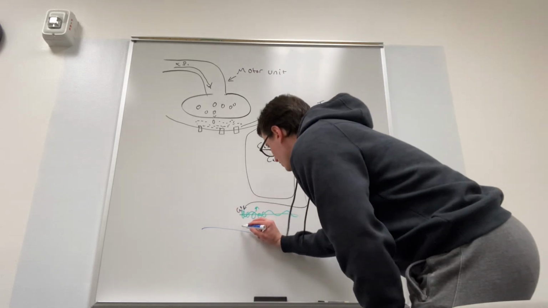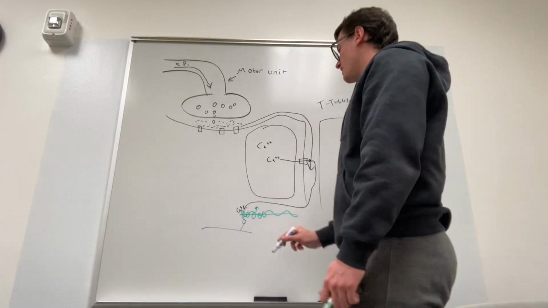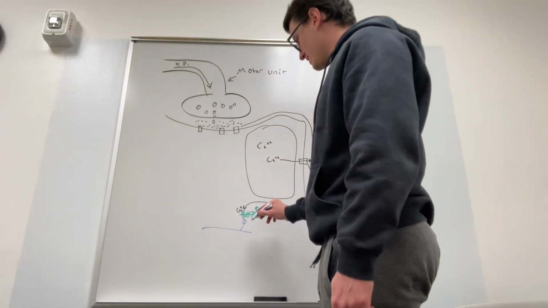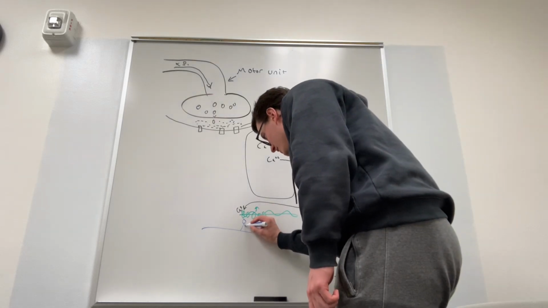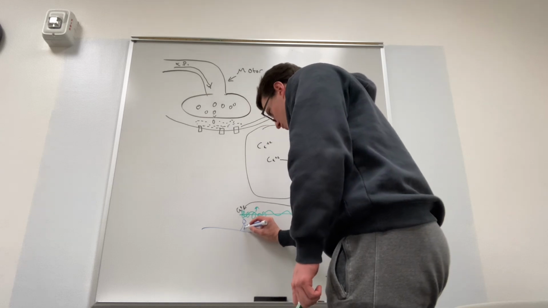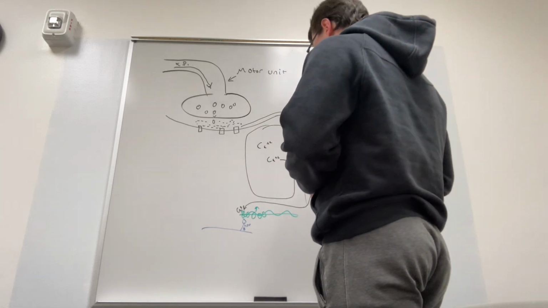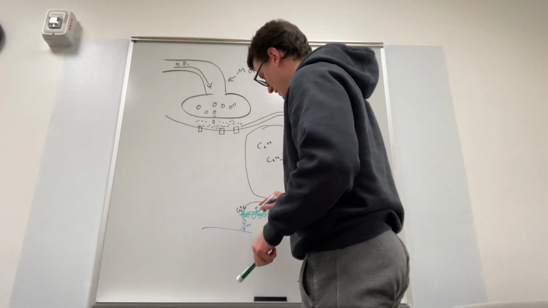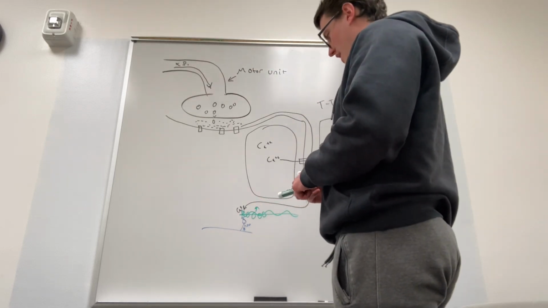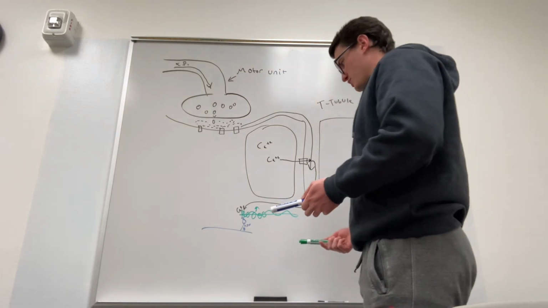So our power stroke, we're gonna have a myosin head on our myosin filament. And that myosin head is gonna have an ADP along with a free phosphorus. So at this point, it's kind of like ATP. That is gonna bind to our actin active site, and it's going to form a cross bridge.